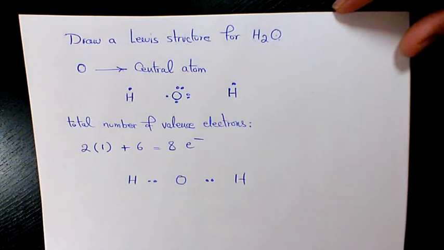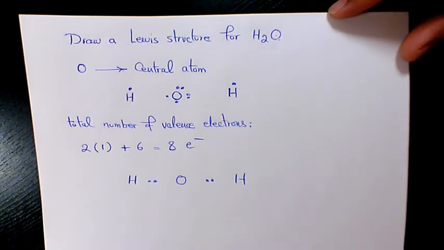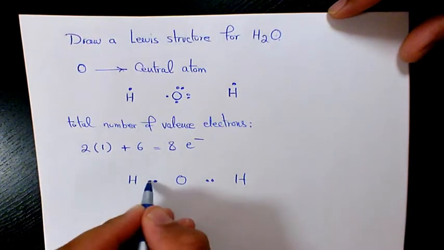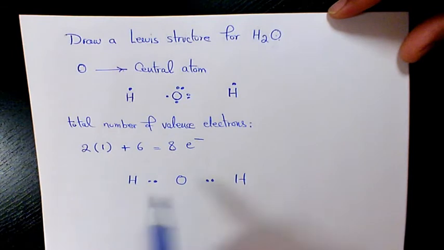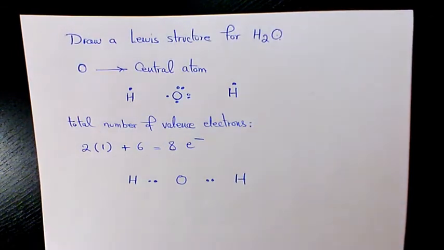Then place pairs of the remaining valence electrons as lone pairs on the surrounding atoms. So here the surrounding atoms are hydrogen and hydrogen, and hydrogen must follow the duet rule. So we cannot add more electrons for these atoms.